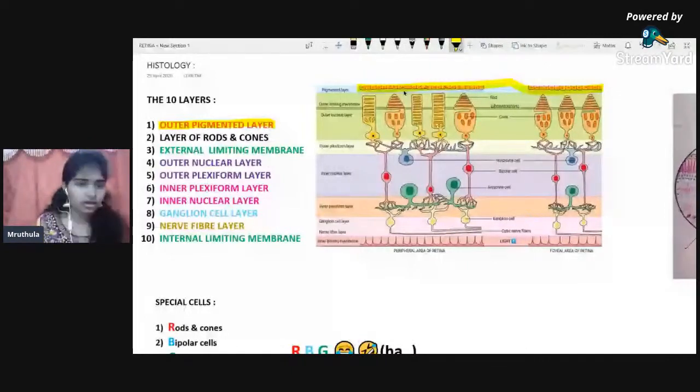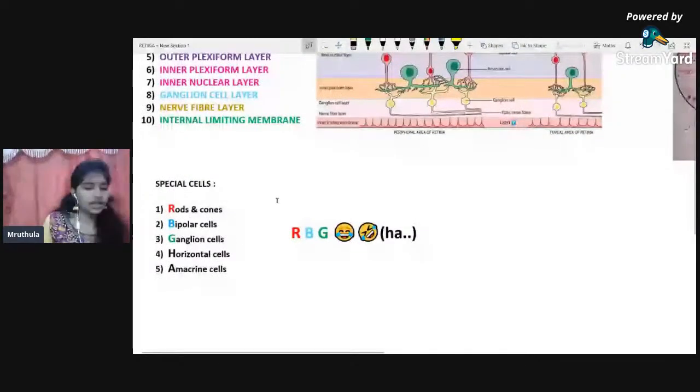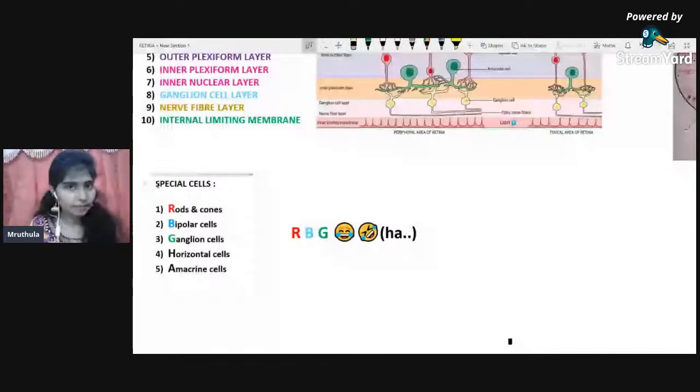If you need to remember them in order, I'll tell you a small mnemonic, right? First, before getting into those layers, let us know about some special cells in this retina. What are the special cells here in the retina? Remember, in the same order, we have rods and cones. I mentioned rods and cones are the photoreceptor cells, right?